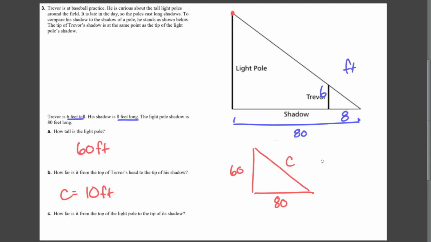Once again, you can go through the Pythagorean theorem here, but there is a shortcut. Well, actually, let's just go through this as per usual. A squared is going to be 60 squared this time. This one's going to be 80 squared. And then the last one's c squared.